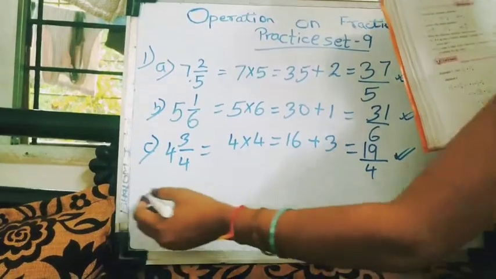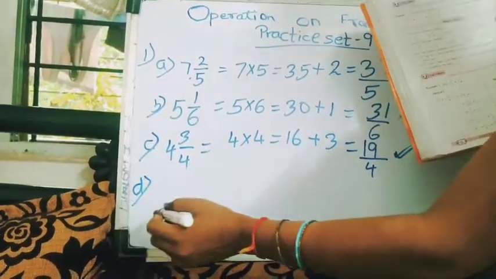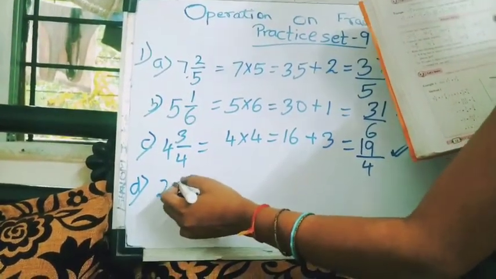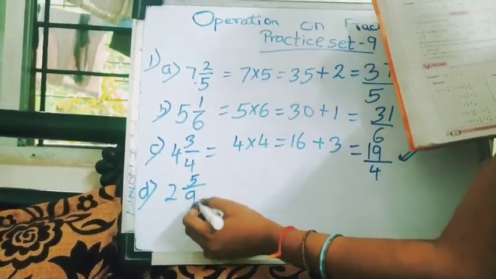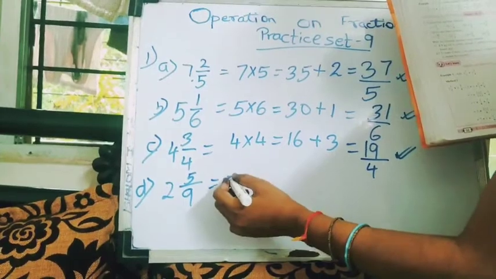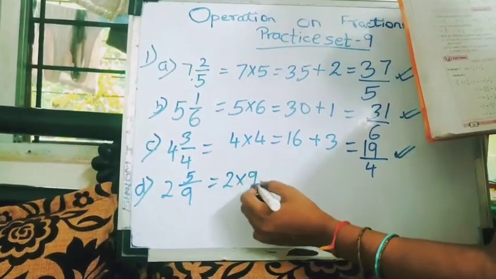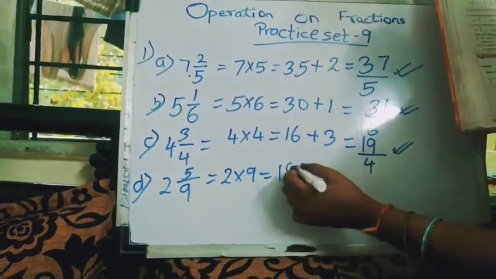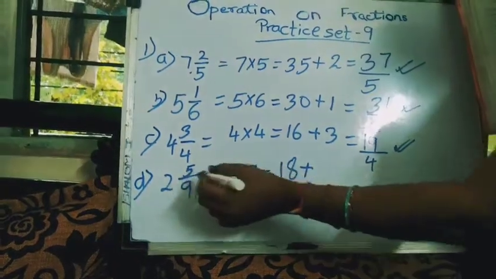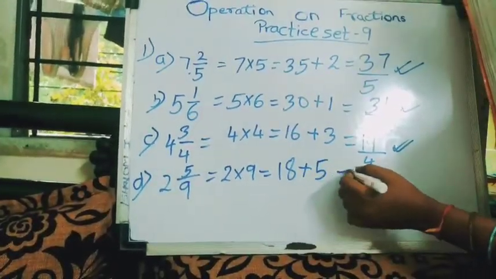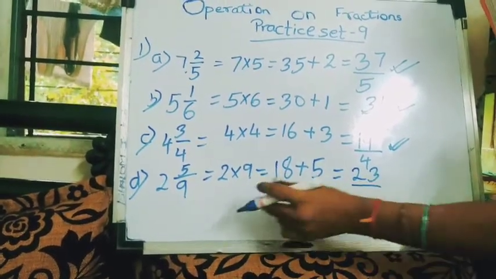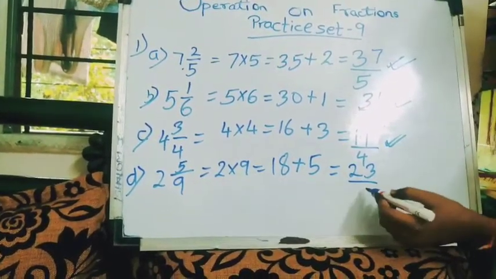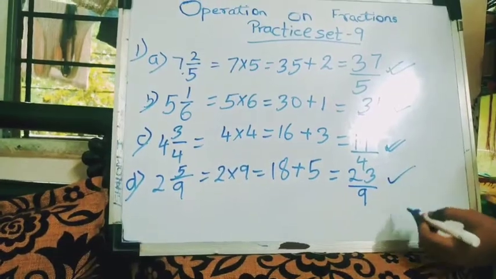Next one is D question, 2 upon 5 by 9. 2 multiply 9, how much? 18 plus numerator, how much? 5. 18 plus 5, 23 by what is the denominator? 9. 23 by 9.